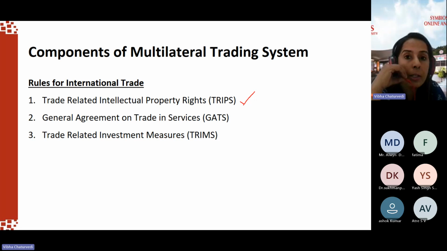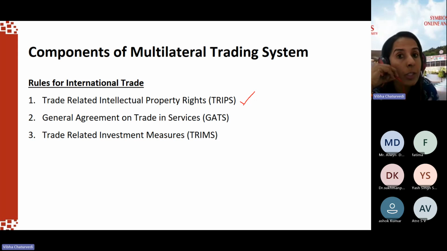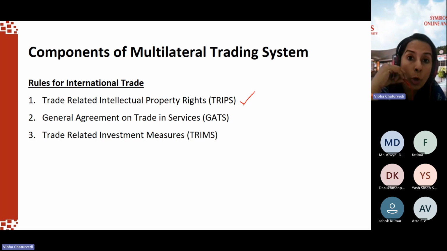They definitely said that subsidizing agricultural goods was not allowed, which was to the detriment of countries like India, because in a developing country like India, a lot of agricultural activities are mostly subsidized by the government. So it challenged the concept of subsidy, which would have completely given an edge to the developed countries.